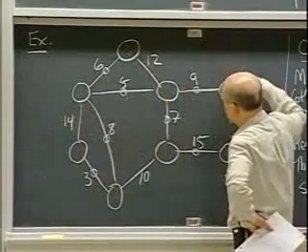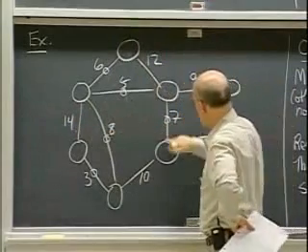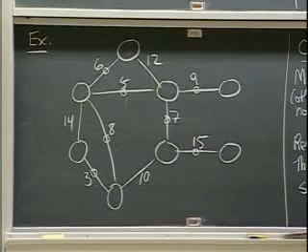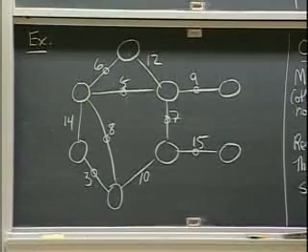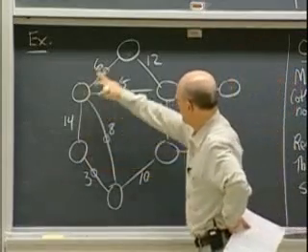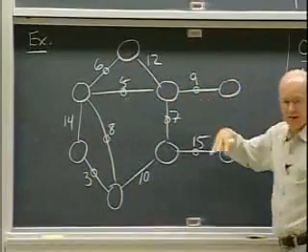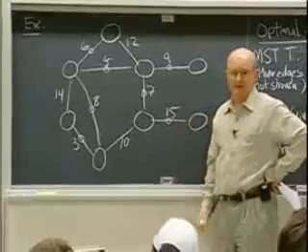The edges going down are 7, 8, and 14. 7 is the least weight. It's in the minimum spanning tree. Okay? So no matter how I choose, I could make this one in, this one out, this one in, this one out. Take a look at what all the edges are. Whichever one's the least weight, it's in the minimum spanning tree.